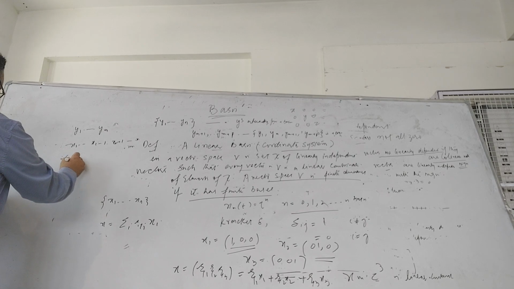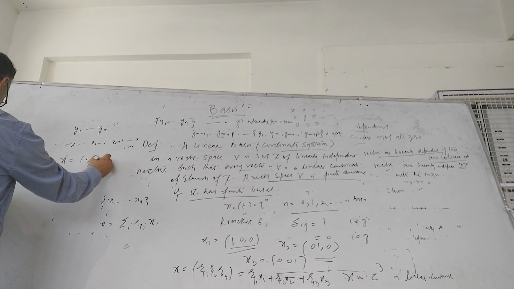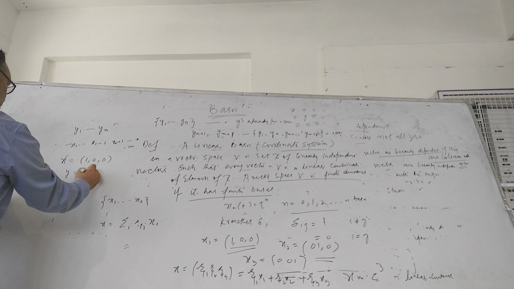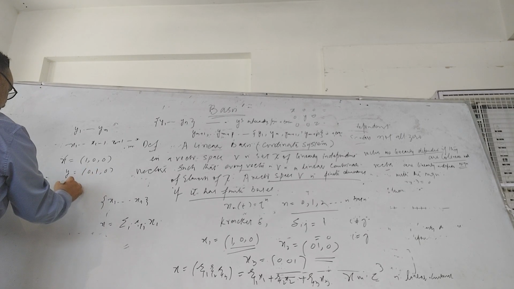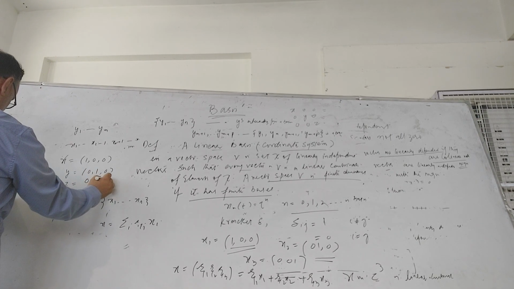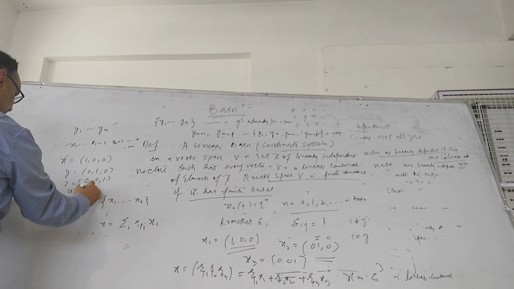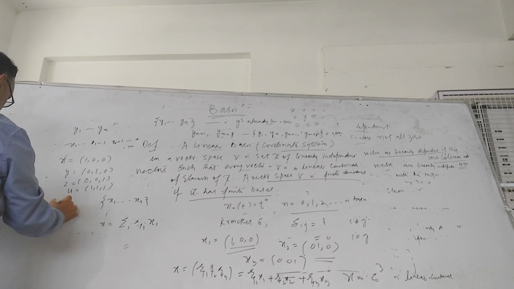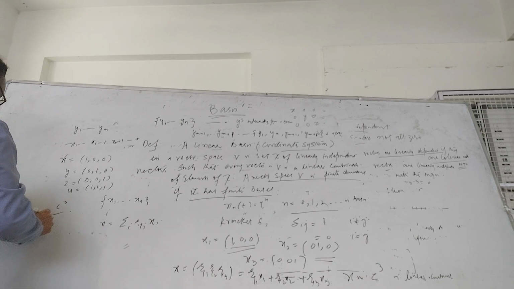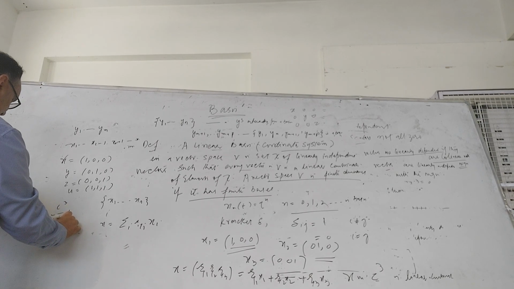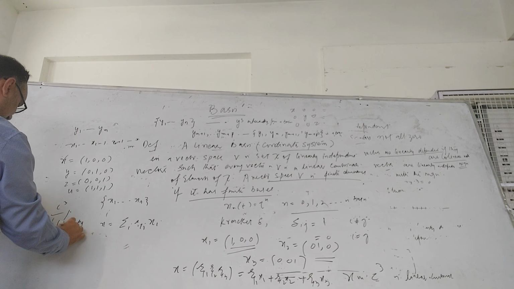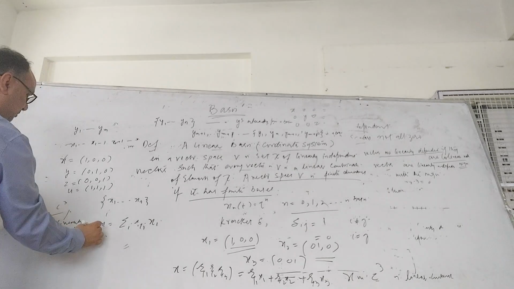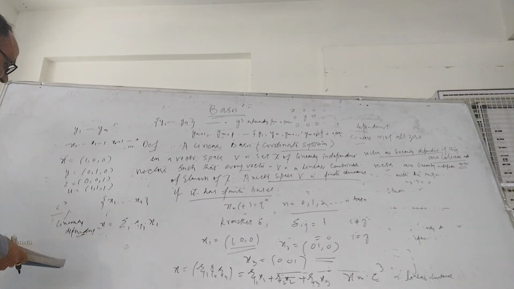x is equivalent to 1 0 0, y is equivalent to 0 1 0, z is equivalent to 0 0 1, and u is equivalent to 1 1 1. So in C3 they form a linearly dependent set. For a linearly dependent set, it's a simple condition.